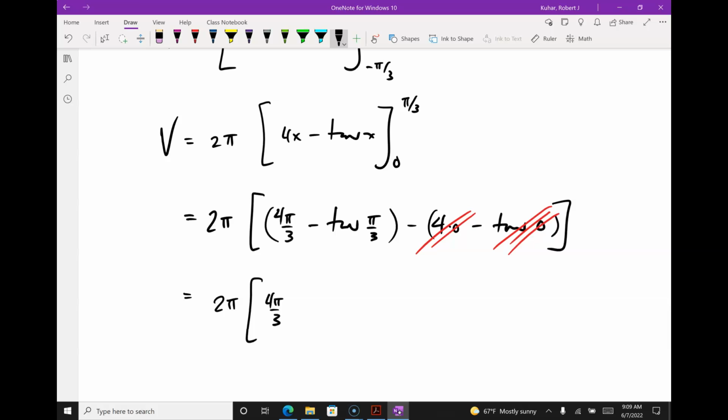Tangent of pi over 3. Somebody help me. Square root of 3? Yeah, square root of 3.